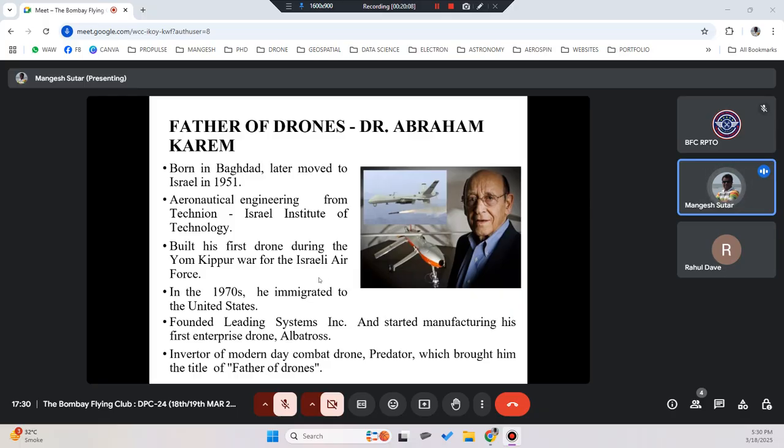So he manufactured the first drone, and later on this drone was acquired by the US Defense, and now this drone is called the Predator drone, which even the Indian government has purchased from the US. He is the inventor of the modern-day combat drone, the Predator, which earned him the title Father of the Drone. So if somebody asks you who is the father of the drones, it is Abraham Karem.